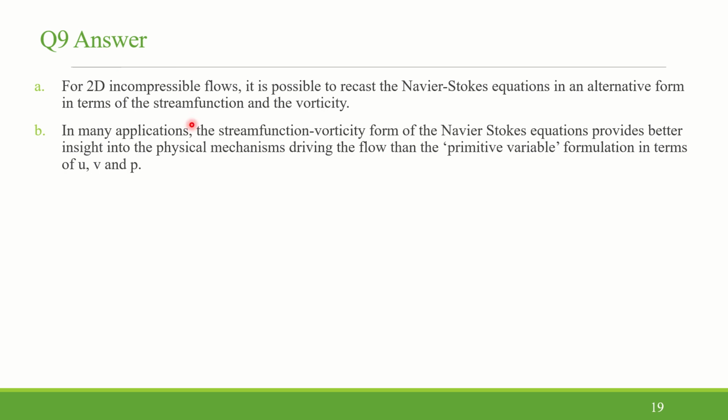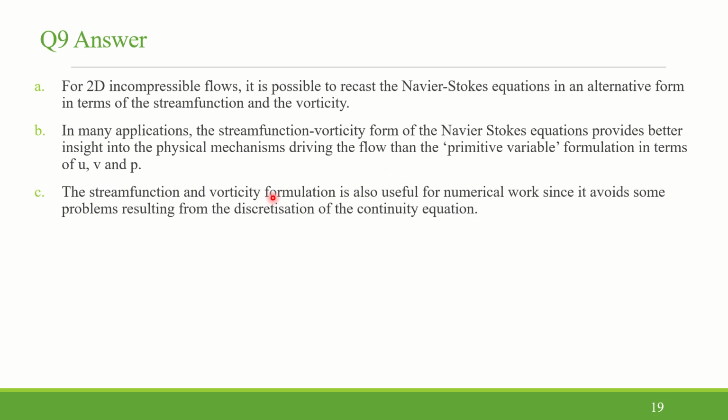And in many applications, the stream function vorticity form of the Navier-Stokes equations provides better insight into the physical domains driving the flow than the primitive variable formulation in terms of U, V and pressure. The stream function and vorticity approach is also useful for numerical work since it avoids some problems resulting from the discretization of the continuity equation.